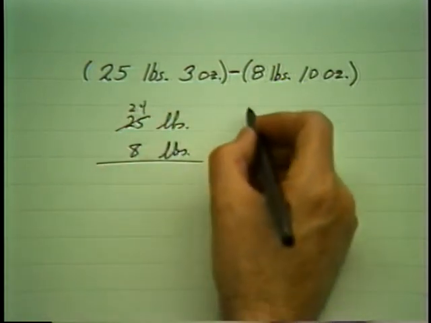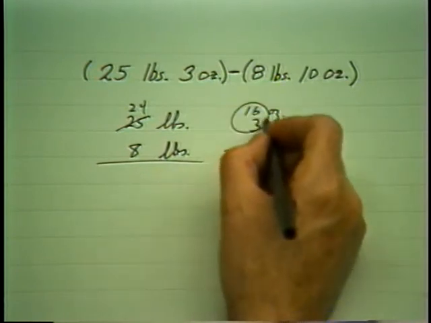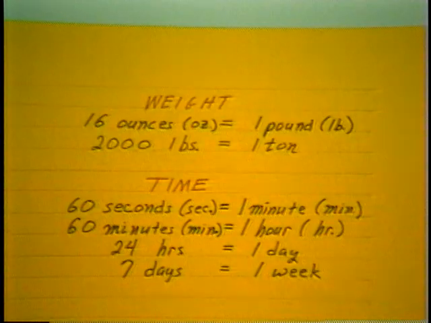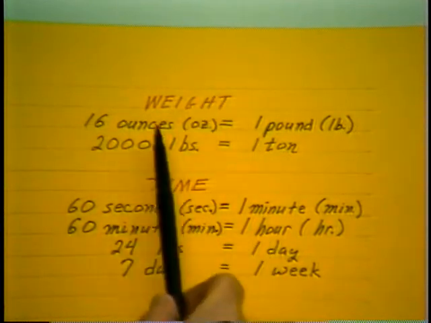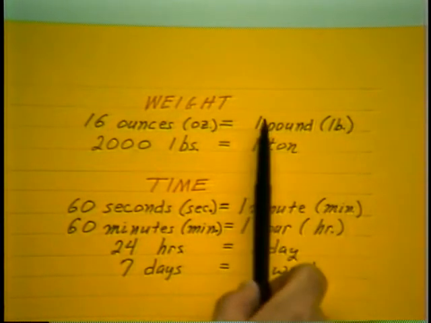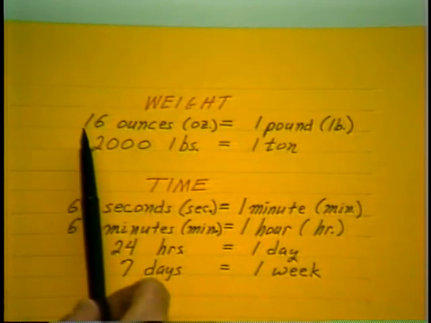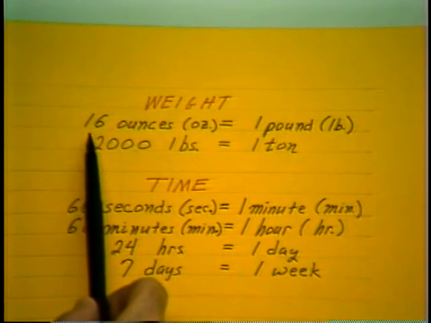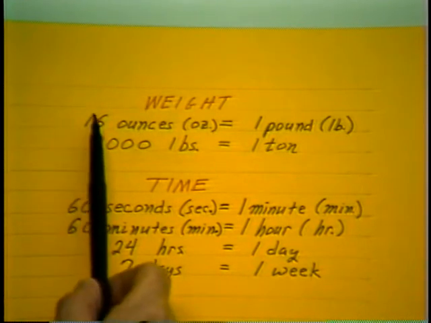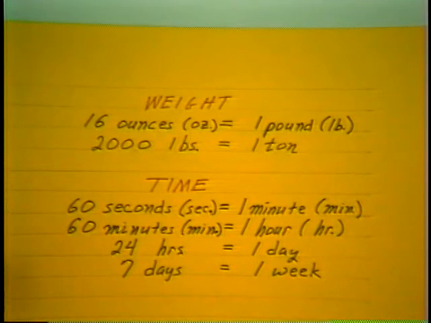But that 1 pound is 16 ounces. Now, if you didn't know that, you would check it with a table and see 16 ounces is 1 pound. So I can replace 1 pound by its equivalent, which is 16 ounces. And again, check almost any dictionary or cookbook or textbooks, and they have these conversions of units somewhere in most of them.